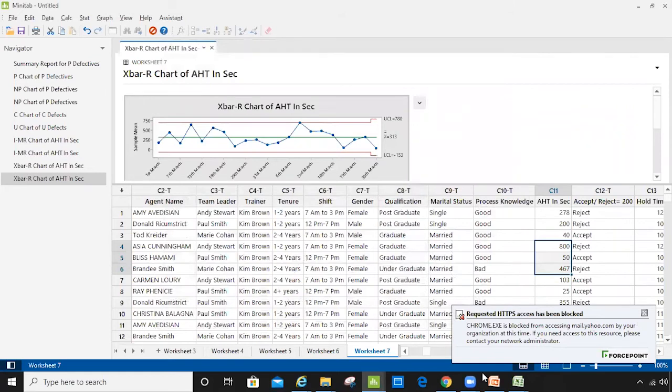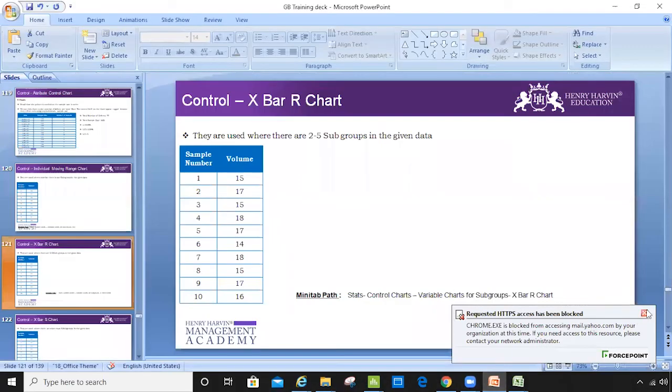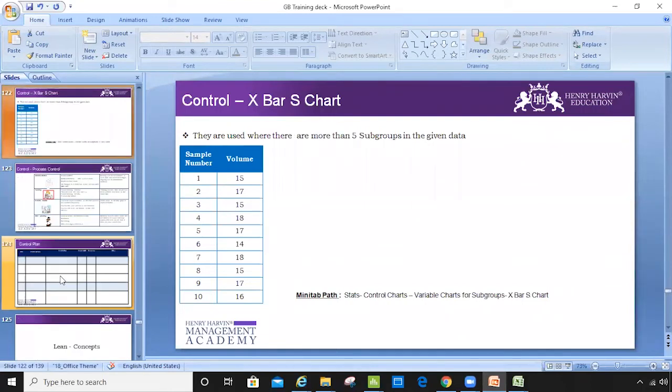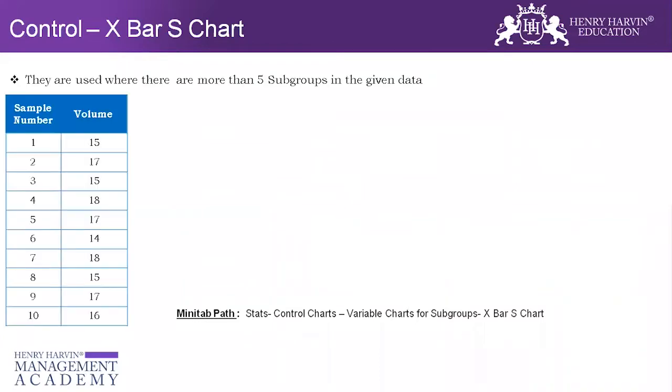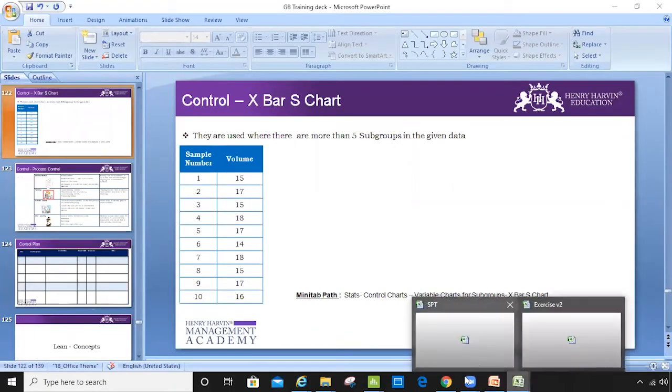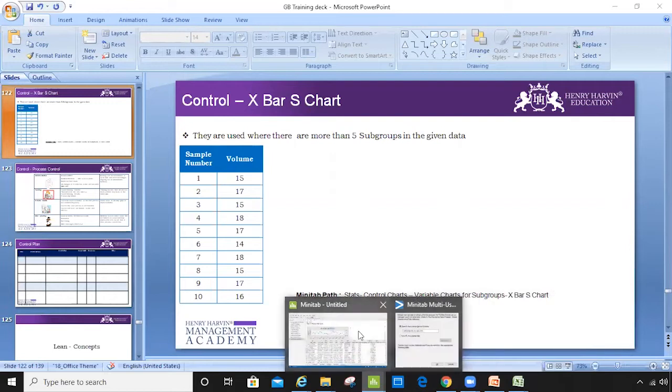Now the last chart that is left in the control phase is the X bar S. X bar S is used when we have more than 5 subgroups in the data. I mean, we want to look at the subgroup for 5 different data points and see what special cause variation is observed in the data. To do that, we can use a similar example.